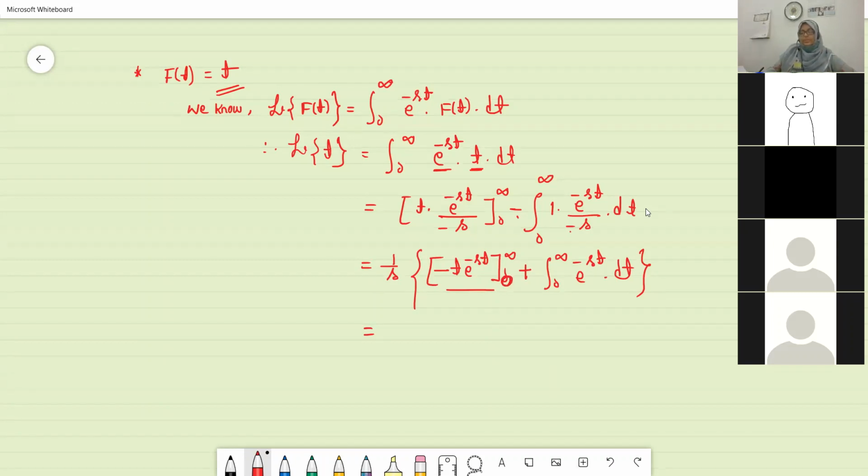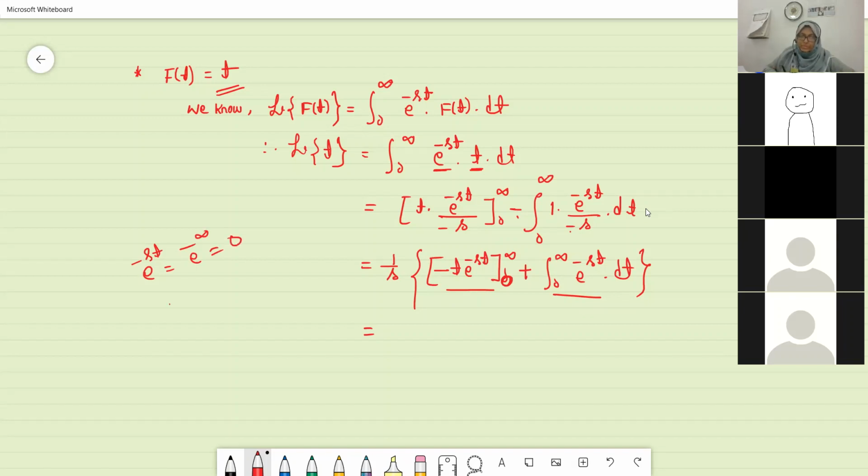For the second one, it will be 1 by s, because we have completed this integration in our first one, right? So for the second one, your answer will be 1 by s. And for the first one, you have seen that e to the power minus st. So in place of t, if you use infinity, it will be e to the power minus infinity, which is equal to 0.